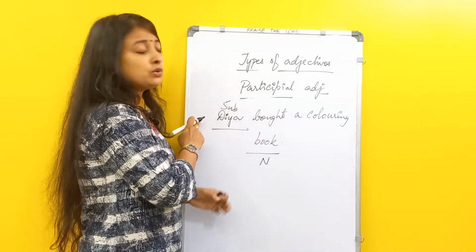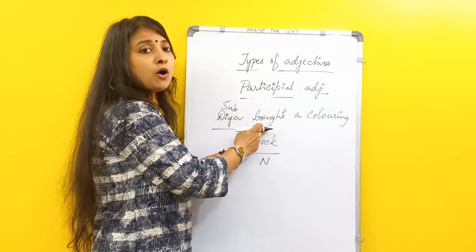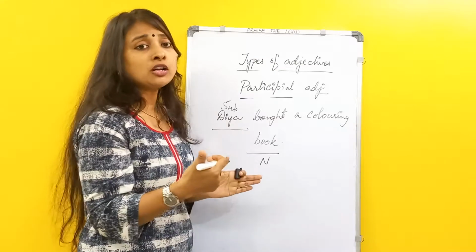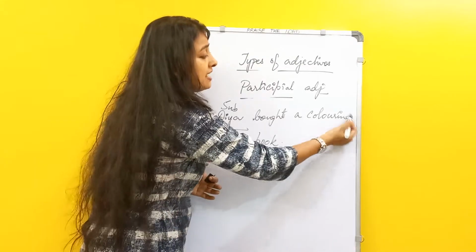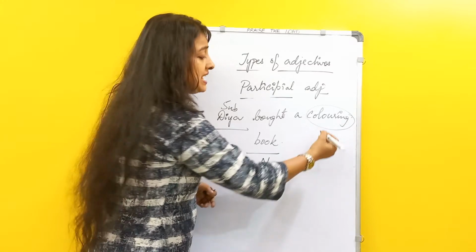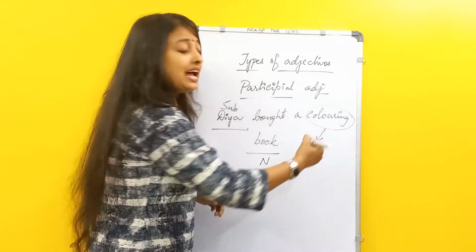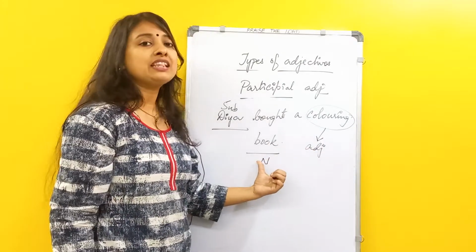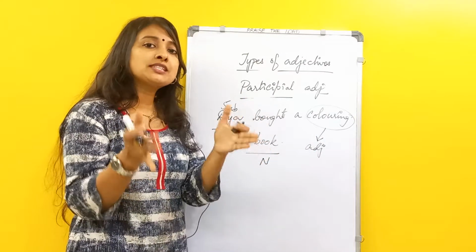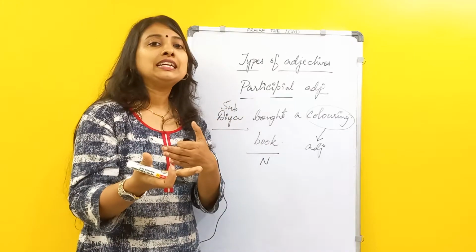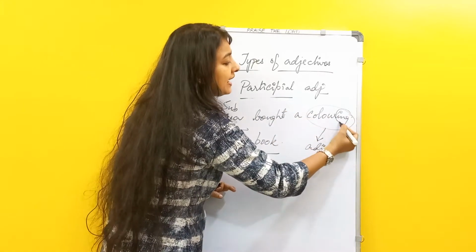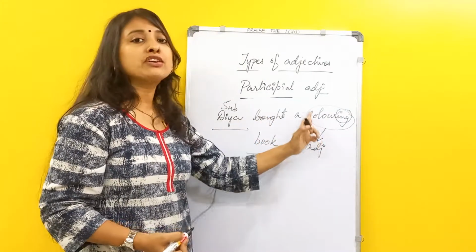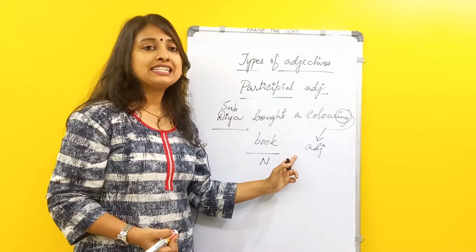What did the subject do? The subject purchased, bought. Purchased what? A book. Which book? Coloring book. This coloring is an adjective because it is modifying the noun. It is a book used for coloring. Here the ing form is called a participle, so this adjective we call a participle adjective.